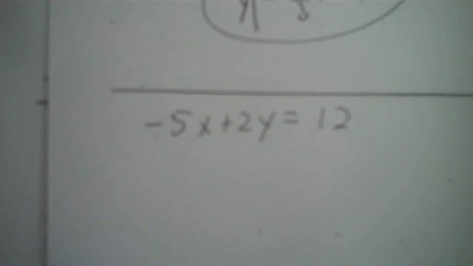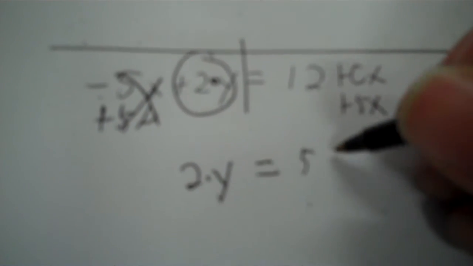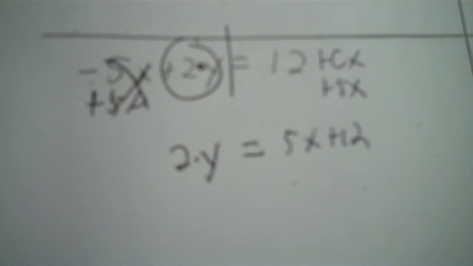Negative 5x plus 2y equals 12. So here's y. It's multiplied by a 2. It's positive 2, so no opposite. So we plus 5x, make a 0x, and plus 5x. So 2 times y gives me 5x plus 12.